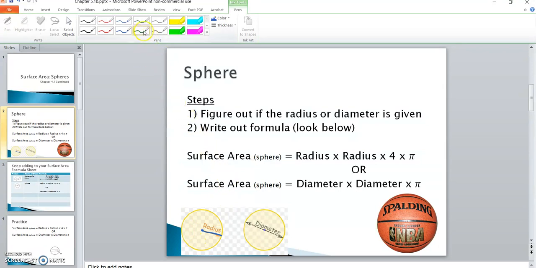And the word diameter is where we actually go from one edge of the circle all the way to the other and through the middle. So that's why I've given you two different formulas right here, because sometimes you'll get the radius and sometimes you'll have the diameter. So the very first step in doing this is to figure out which one we have and then fill out the formula.